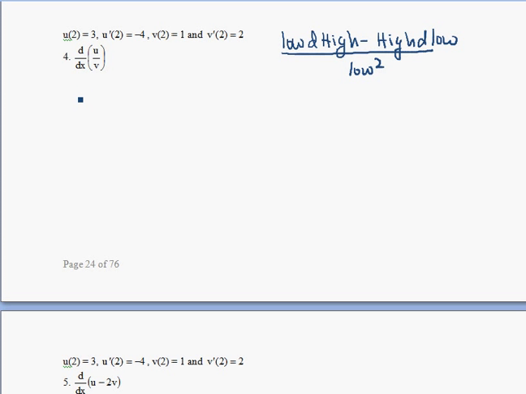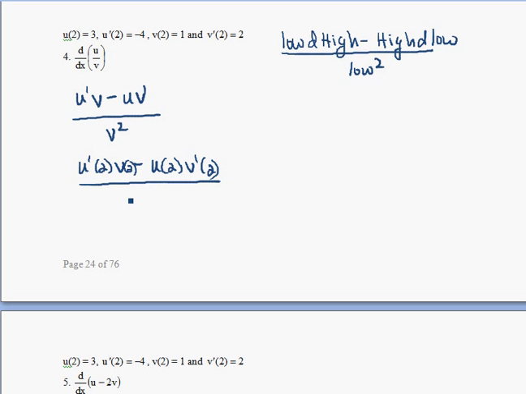So this is going to be u prime v minus u v prime all over v squared. So we could rewrite it as u prime of 2 times v of 2 minus u of 2 times v prime of 2, all over v of 2 quantity squared.